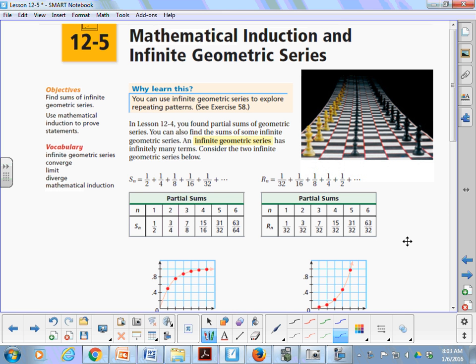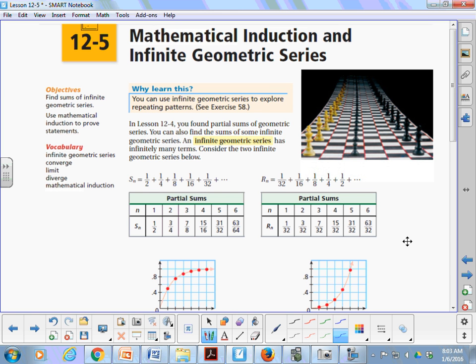Okay? So you can see that in this one here, this one on the left, we have 1/2, 1/4, 1/8, 1/16, 1/32, and so on. And since the denominator is getting bigger and bigger all the time, the fraction's getting smaller and smaller. Okay?